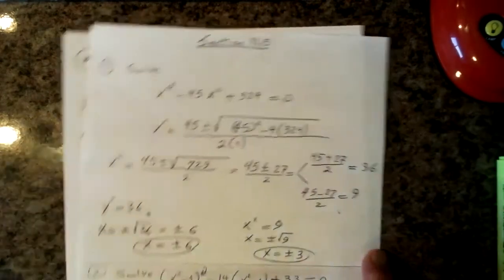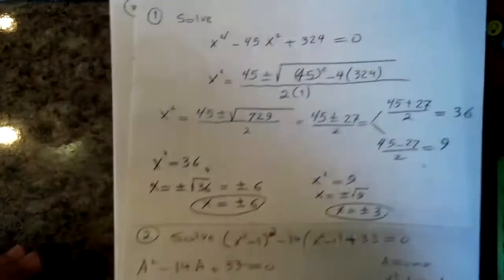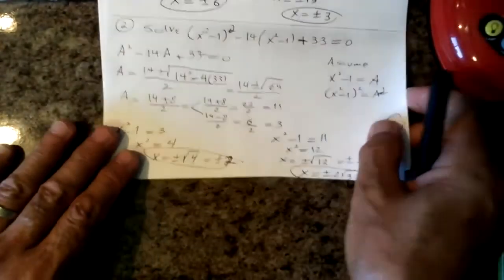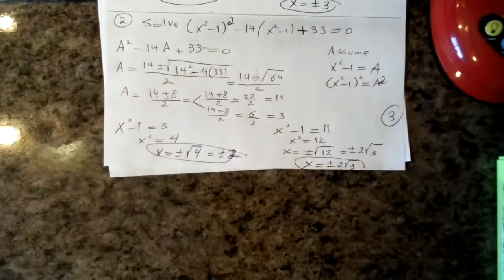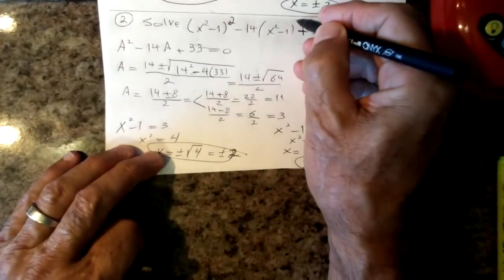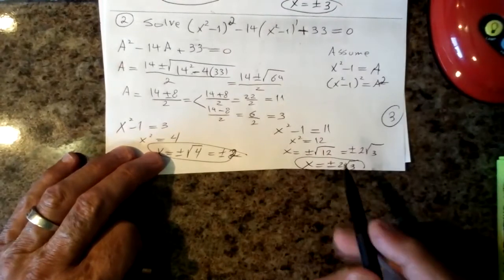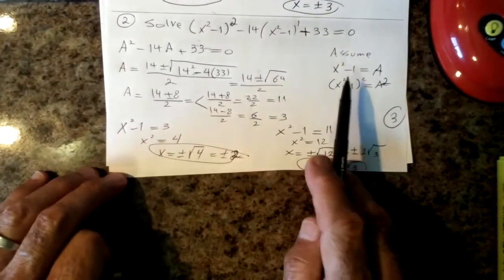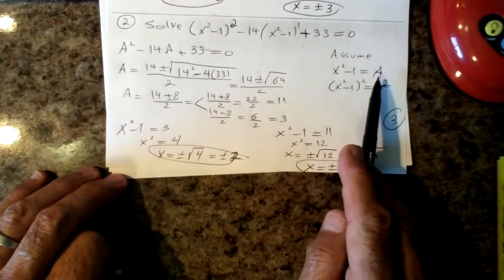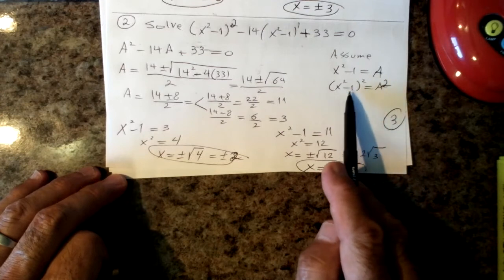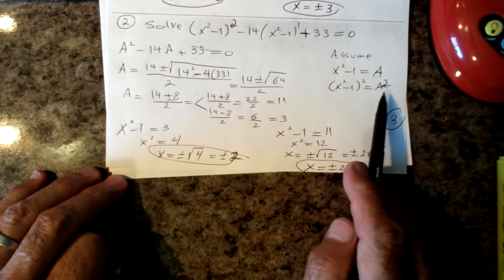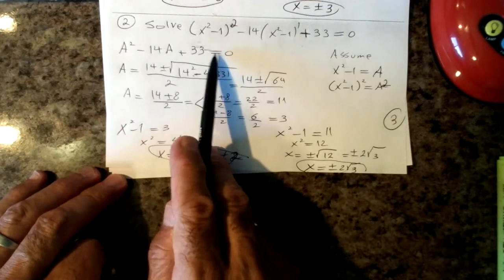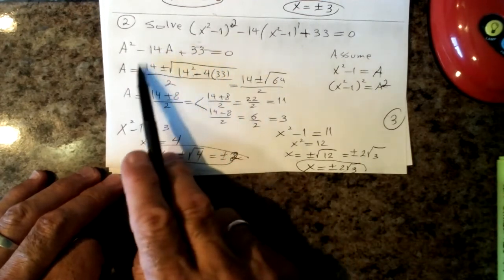So we make this assumption for most of these problems. For instance, in this one, the power of this parenthesis is 1, and here is 2. So if you assume that x² minus 1 is a, then (x² minus 1) squared is a². When you replace all this here, again you have a quadratic equation.